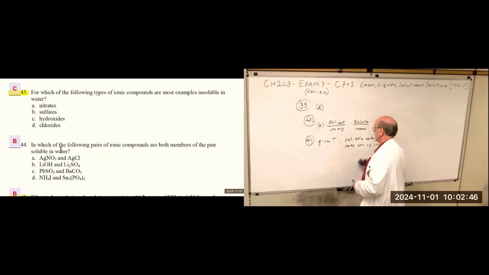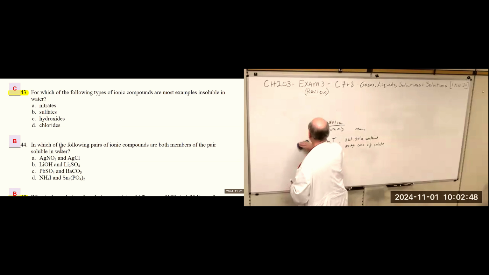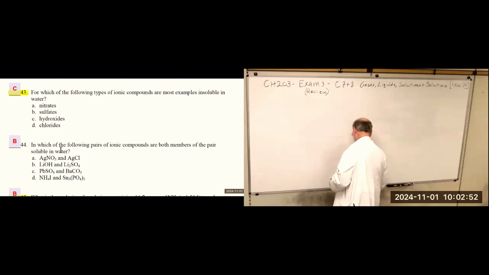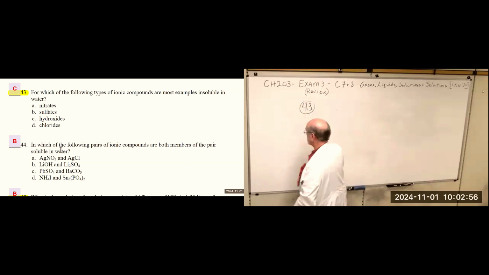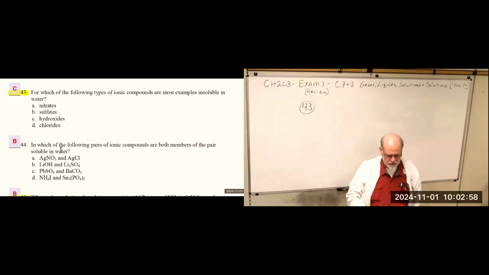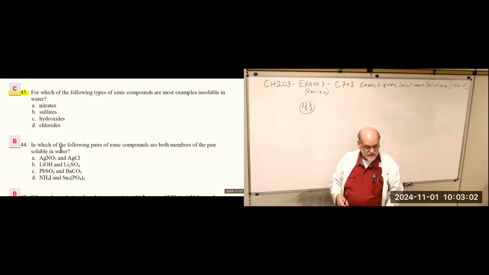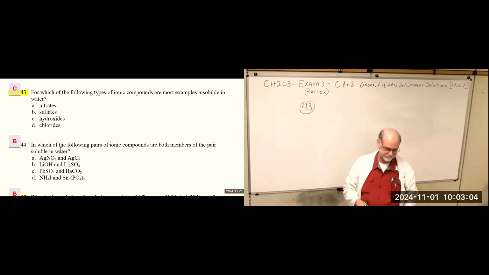43. For which of the following types of ionic compounds are most examples insoluble in water? All right.